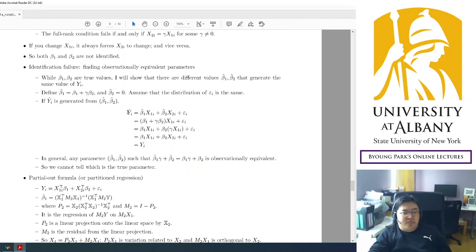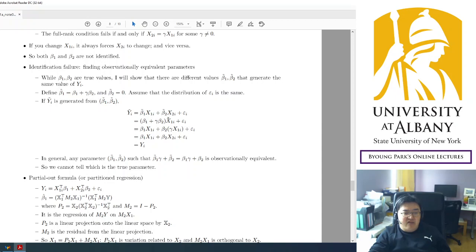So y tilde is generated from the same exogenous variables and error terms with different parameter values, beta 1 tilde and beta 2 tilde. According to our assumption, we define those two values this way, so beta 1 tilde is a combination of the true values, and x2 has no effect.